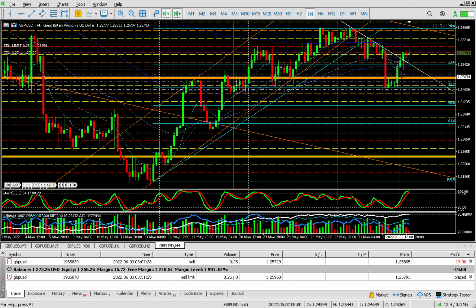From what I learned about this, and I don't know all the technical jargon, there's a gap here. I know that price is going to have to come down and fill that. And my whole thing is it's going to be right on this trend line, right? So we're going to have to watch.